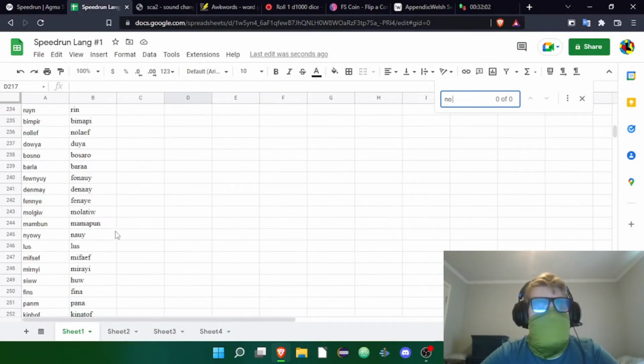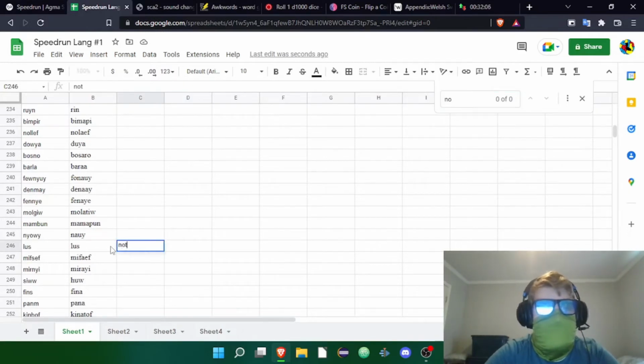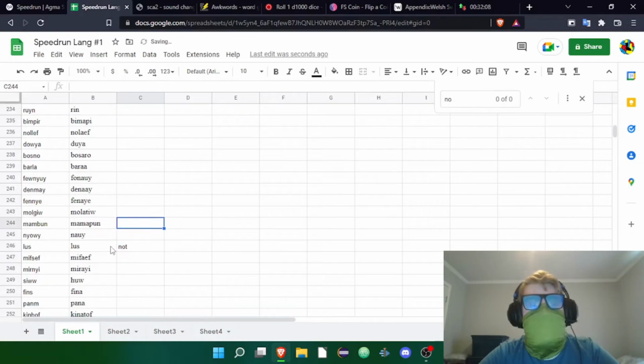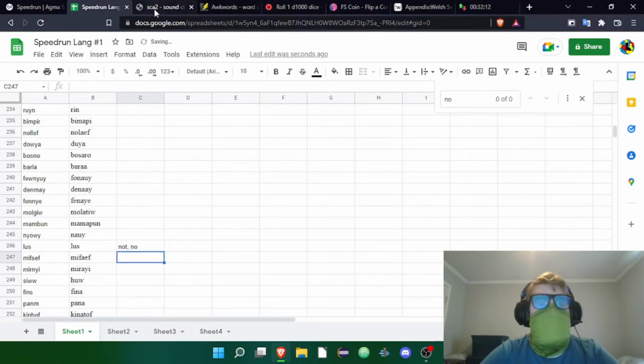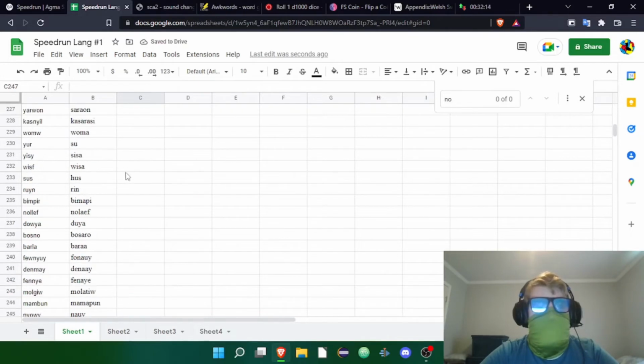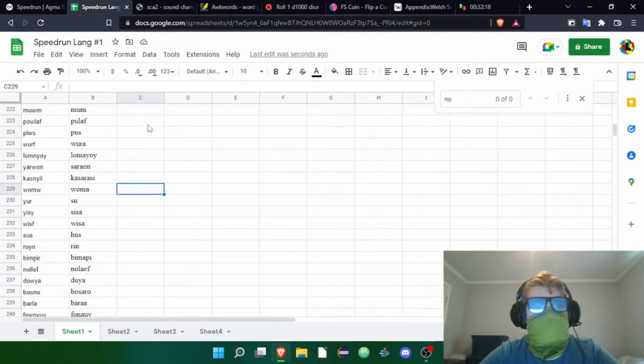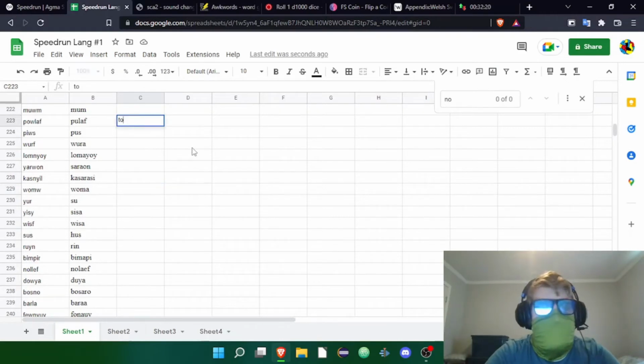So let's have a negation particle. We'll say loose means not, and can also mean no, and then we'll have a verb pulaf, which means to bind.